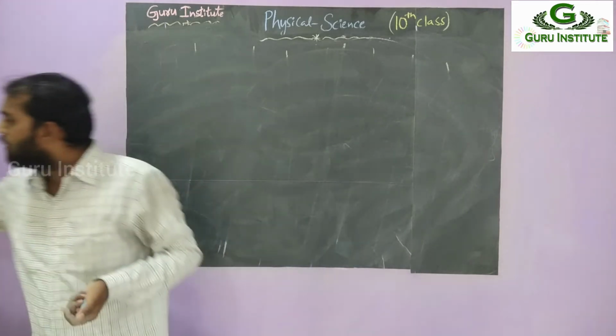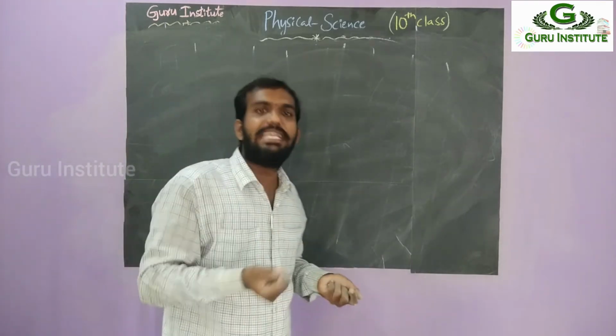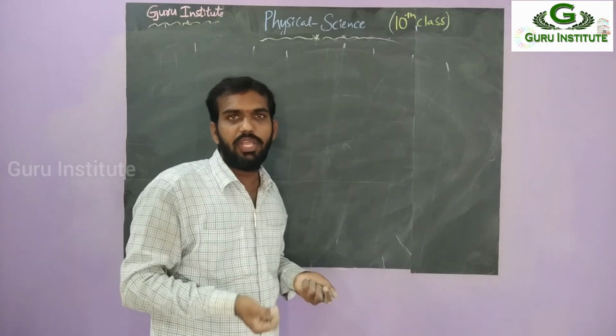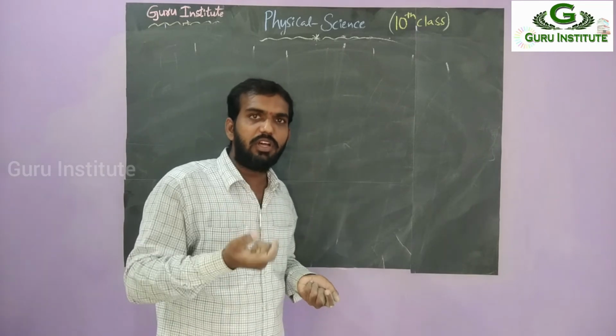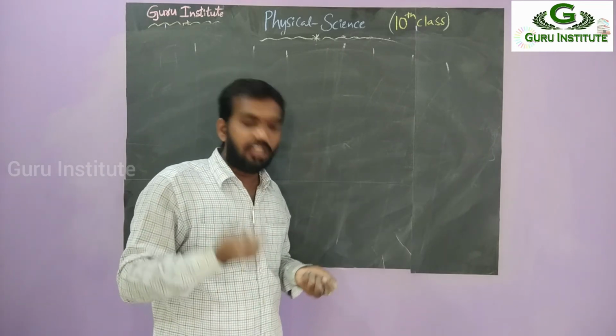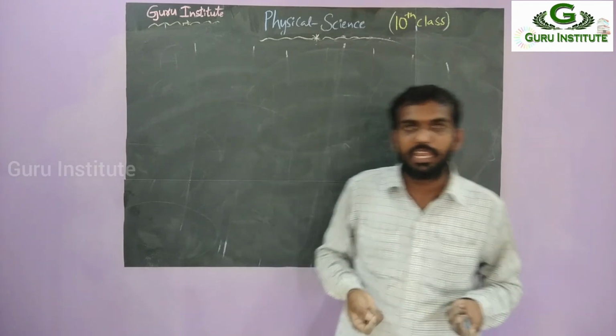So every atom or element has its own intensity, its own wavelength, its own frequency. They absorb the fixed color, and that fixed color only they emit, like lines. They emit like a line.